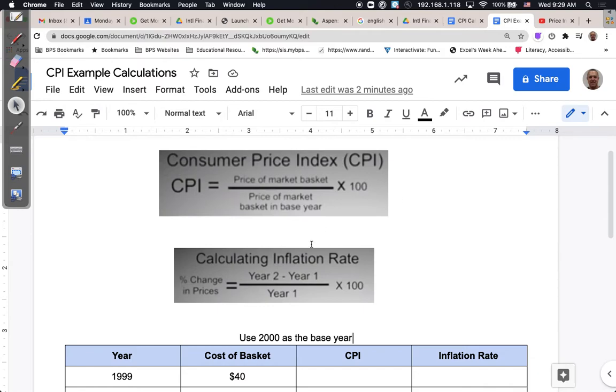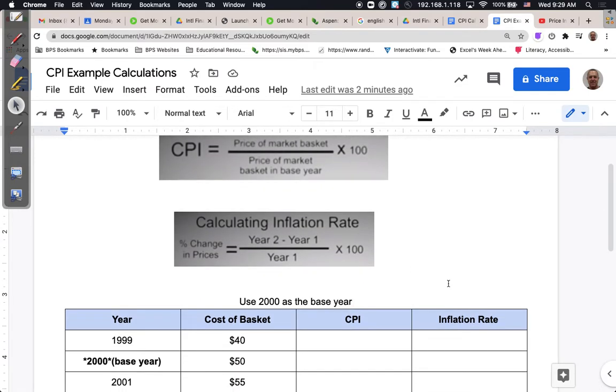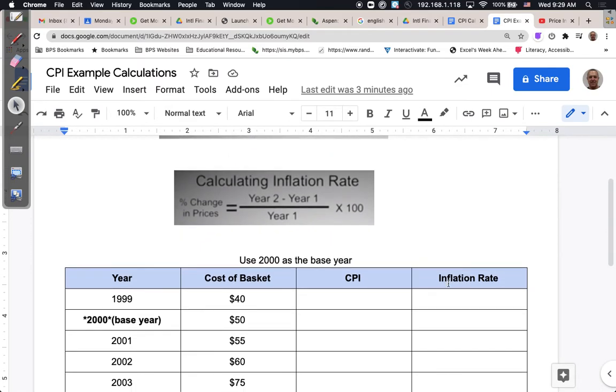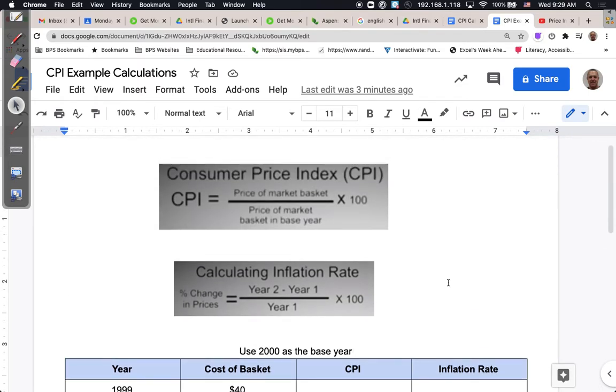So you need to know what the base year is, because the CPI is a measure of how much prices are increasing, and you have to have some basis or base year to compare it to. So for this set of numbers, we're going to call 2000 the base year. And when you have the base year, the CPI is going to be 100.